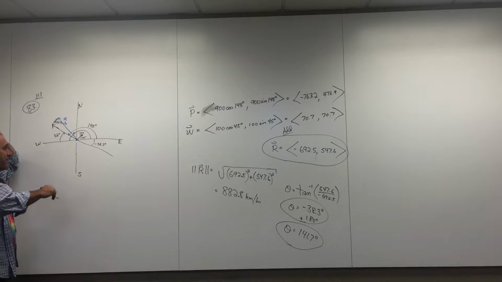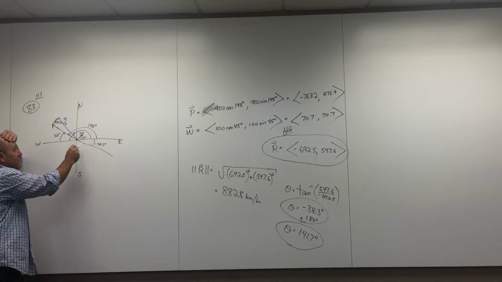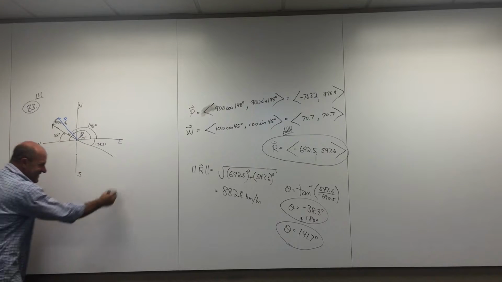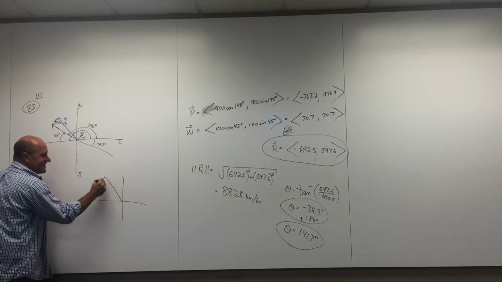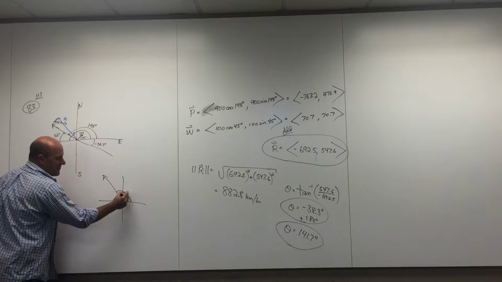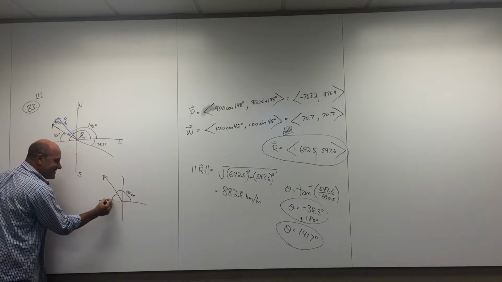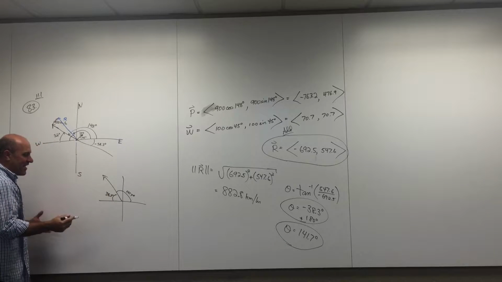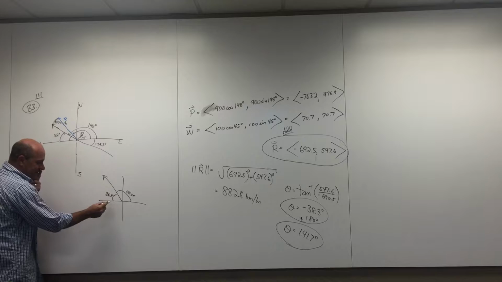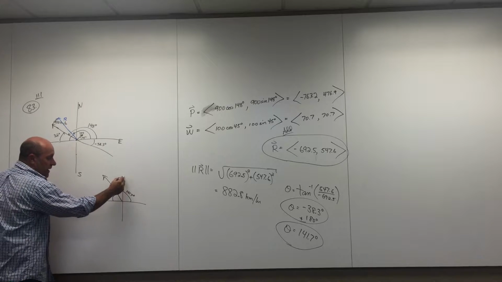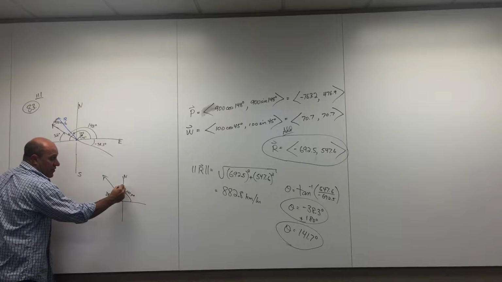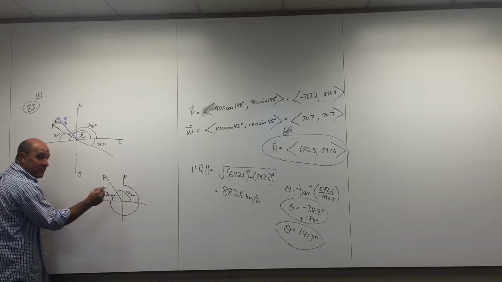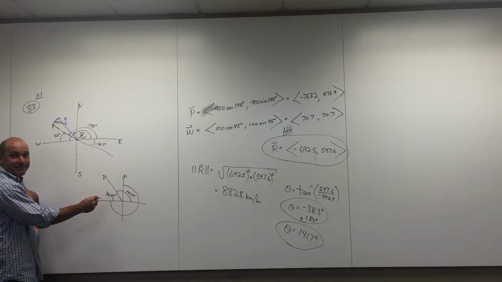But, oh boy, all right, so here's our result, and that's 141.7, that's 38.3. Let's see what I could do. If I wanted to use the word bearing, I would start here and go 270 plus 38.3, actually.